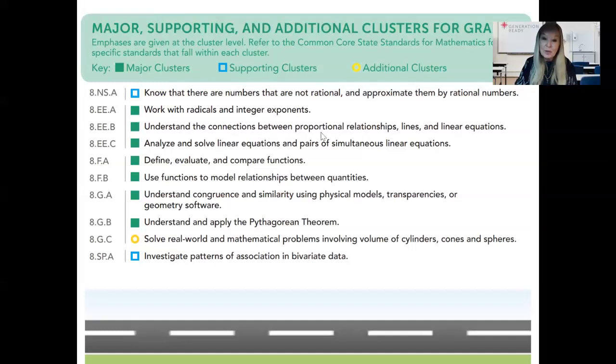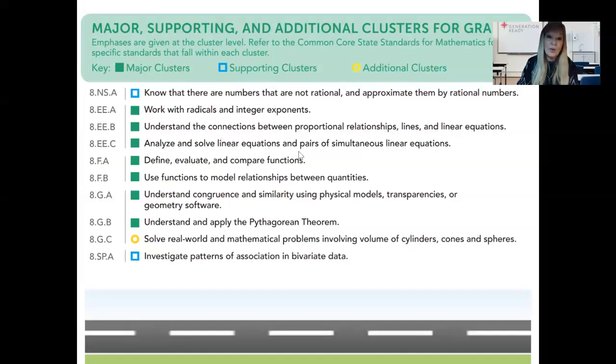Understand the connections between proportional relationships. And now we're going to translate that into linear equations and how linear equations relate to one another. So you start to see how we first put the fractions together, then the ratio and proportion, then the ratio and proportions put together as linear equations in those proportional relationships.